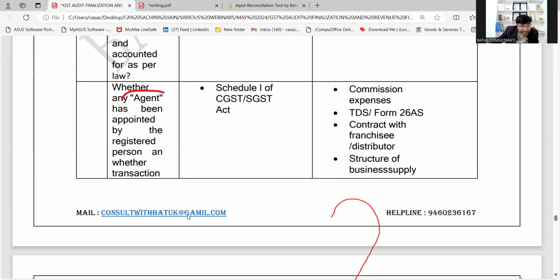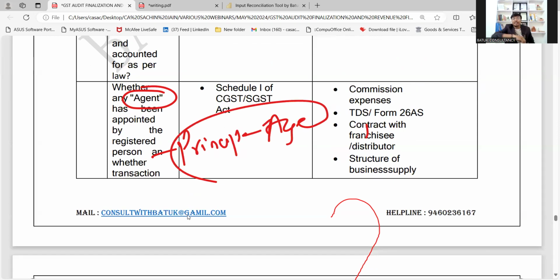If there is any agent appointed and any supply between the principal and agent, also confirm that this supply is on the value which is as per rule number 29 of CGST rules. Okay.